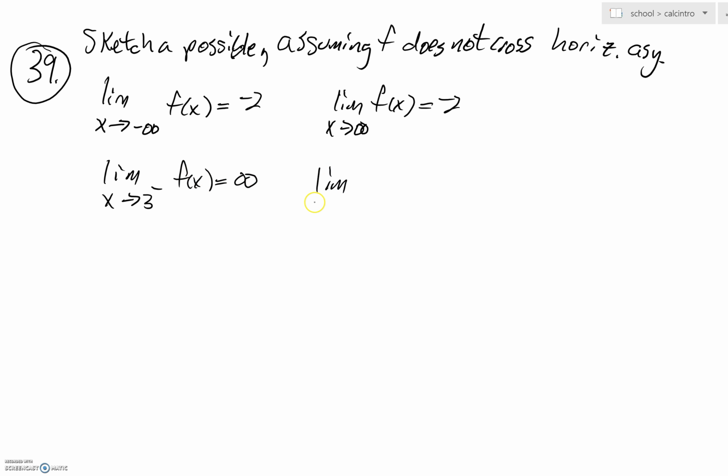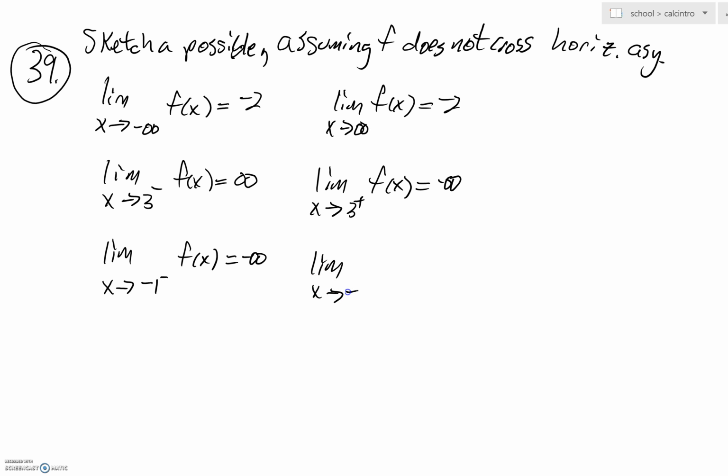The limit as x approaches 3 from the right goes to -infinity. Wow, they're not done. They're going to say the limit as x approaches -1 from the left goes to -infinity. And then finally, the limit as x approaches -1 from the right goes to positive infinity.